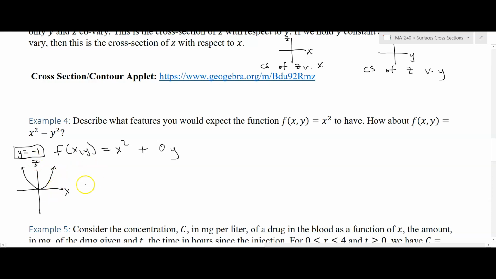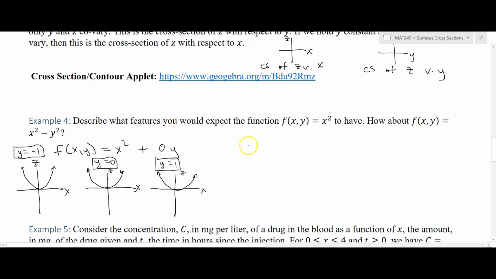Now, if I scoot in closer to y equals 0, and I take a look at that resulting two-dimensional graph, well, again, the value of y doesn't affect the relationship between z and x, so that will be the exact same parabola that we had over to the left. So completely unaltered. When y equals positive 1, same story, the graph of z versus x still remains z equals x squared, because the value of y does not affect the graph.